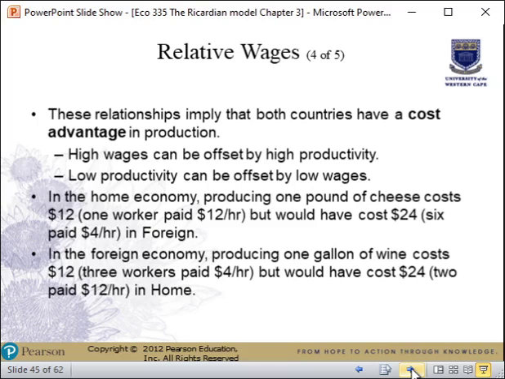It is because the relative wage falls in between the two countries' productivities that each country ends up with a cost advantage in production. That is, foreign workers have a wage that is only a third the wage of domestic workers. They are able to attain a cost advantage in wine production despite low productivity, whereas domestic workers have a productivity that is 6 times that of foreign workers in cheese production. They are able to attain a cost advantage in cheese production despite high wages.